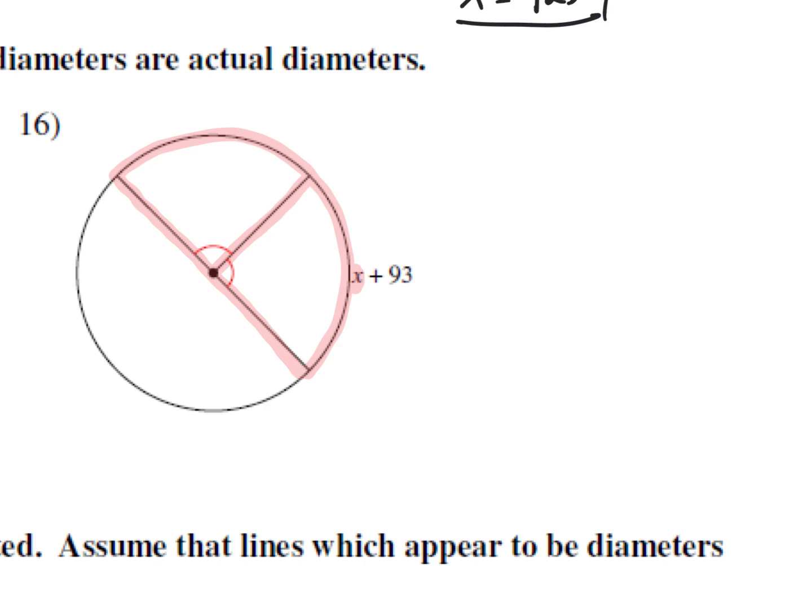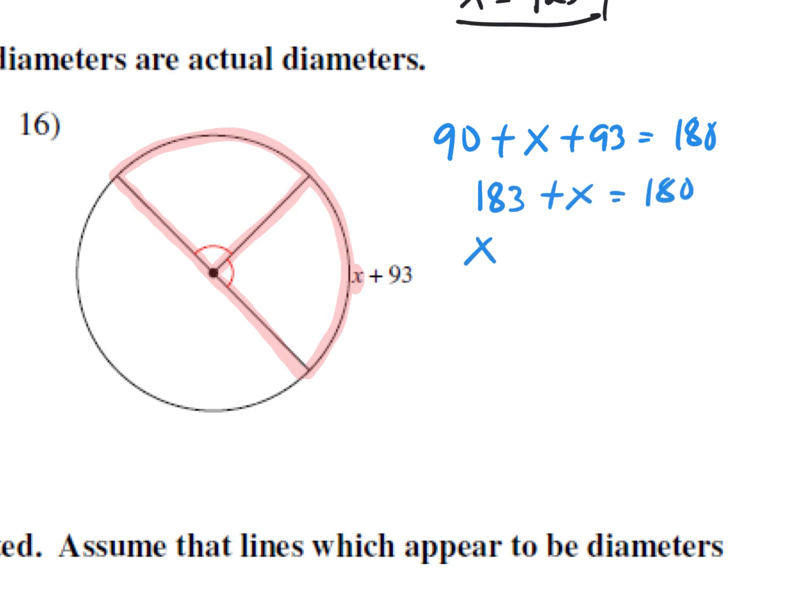The first one is going to be 90 plus x plus 93 is equal to 180. 90 plus 93 is going to give you 183 plus x is equal to 180. Therefore, my x here is going to be 180 minus 183, and the value of x is just going to be negative 3.